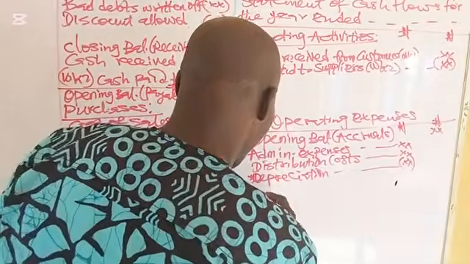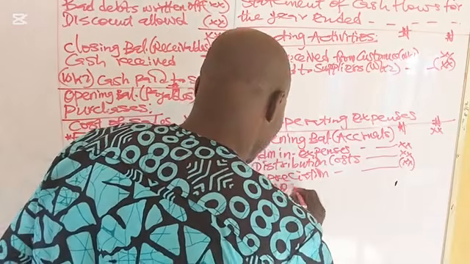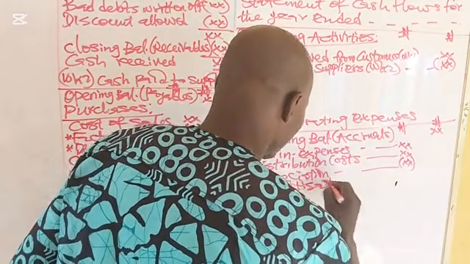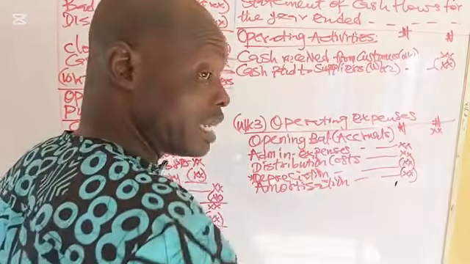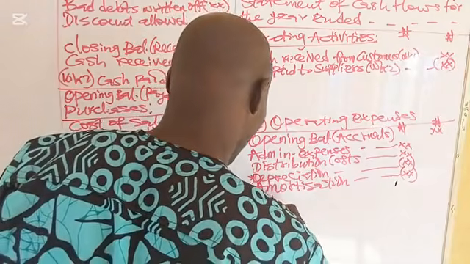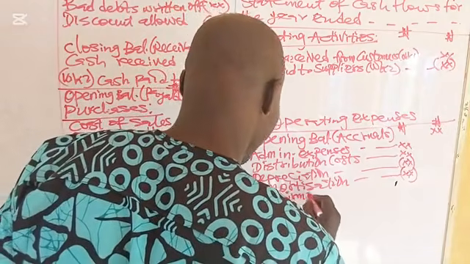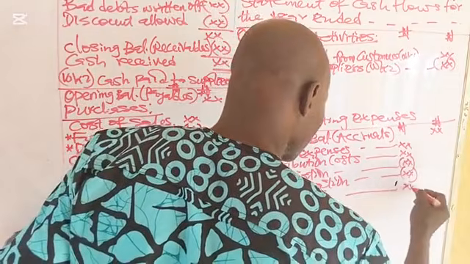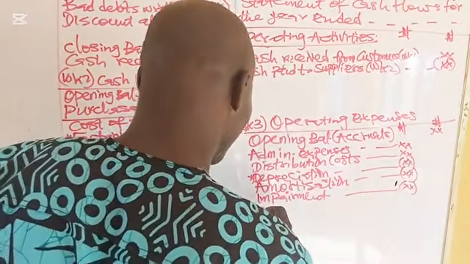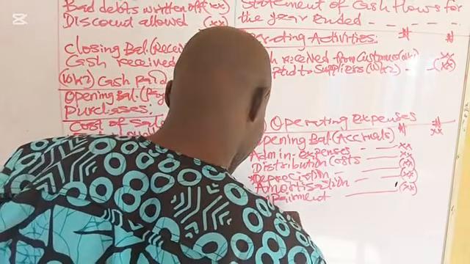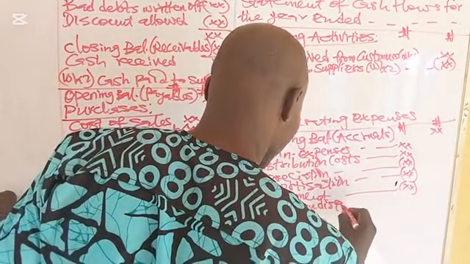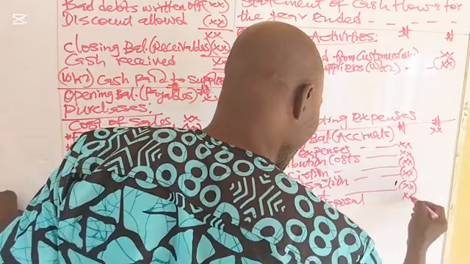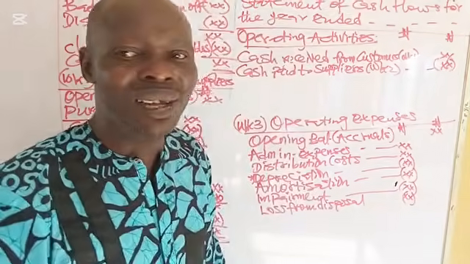Then the amortization that has been included there, impairment loss that has been included there, then loss from disposal that has been included there, we subtract them.